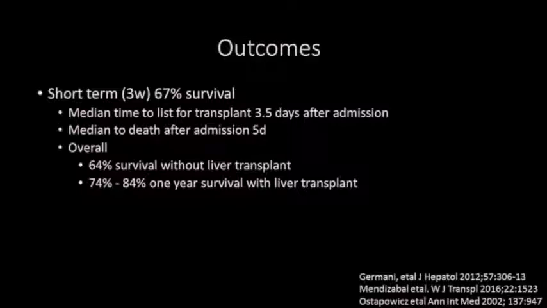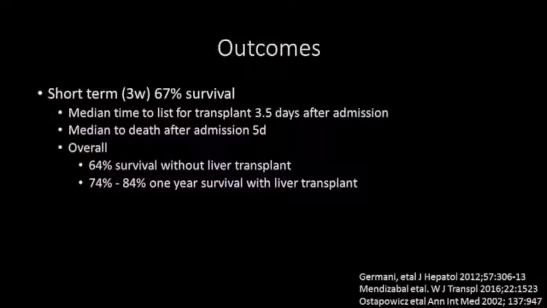What kinds of outcomes do these patients have? Well, this is the issue here. In the short term, 3 weeks from the diagnosis, there's about two-thirds survival, which means one-third of patients will die in this time period. If they need a liver transplant, this usually is rapidly apparent and occurs within a few days of admission, and death often occurs within a week of admission when it's going to happen.